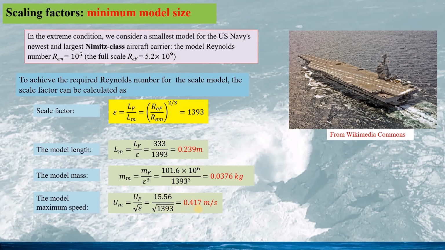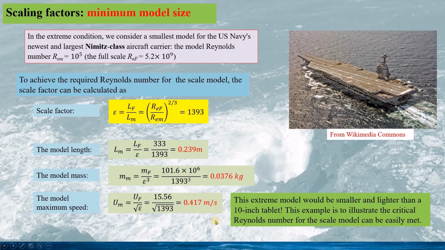It is 0.417 meters per second. So this actual model would be very small. It is smaller and lighter than a 10-inch tablet. This example is to illustrate that the critical Reynolds number for the scale model can be easily met.